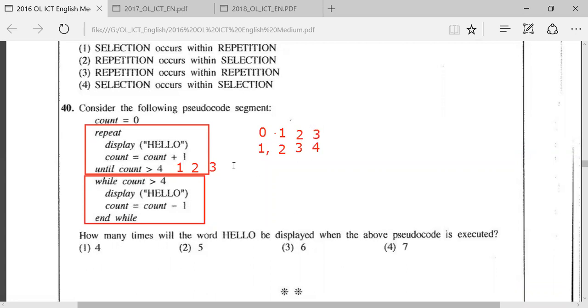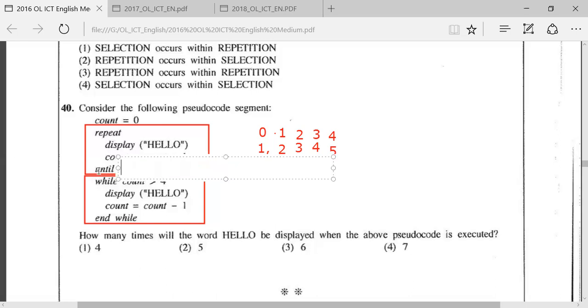Now the current value of count is 4. 4 greater than 4, that is false. It will go back. So when it is 4, fifth time, 4 plus 1, 5.